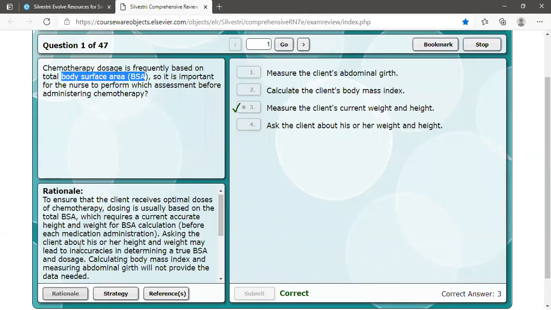Asking the client about his or her height and weight may lead to inaccurate body surface area measurement. So we do not depend upon them.